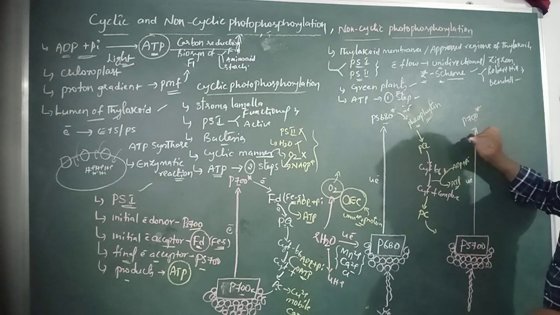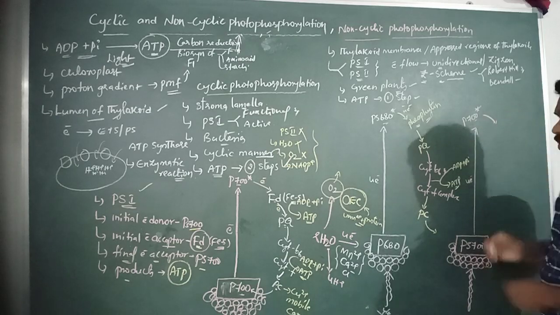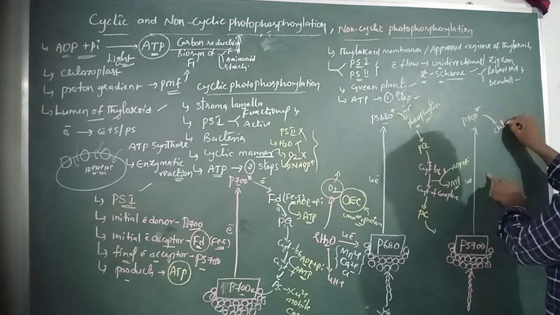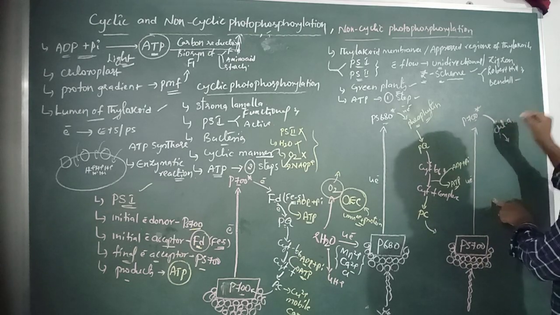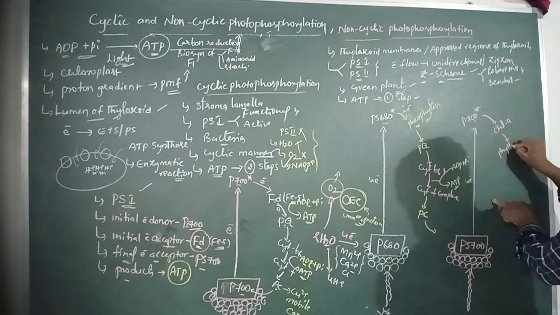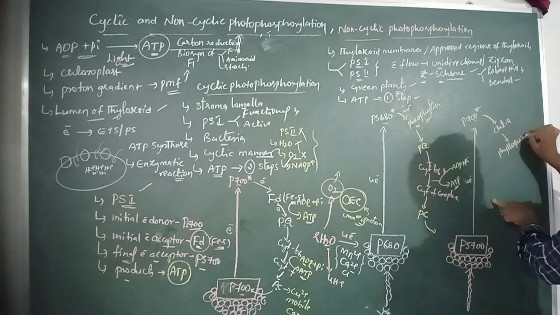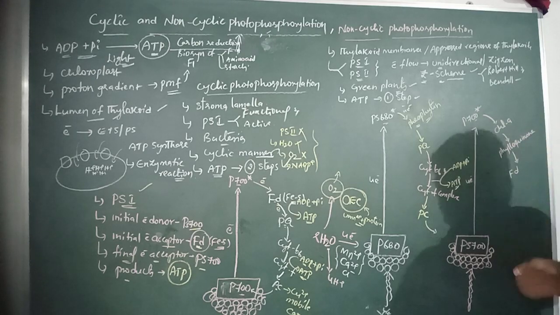The excited state of P700 donates its electrons to chlorophyll A, and then it transfers the electrons to another electron carrier, that is phylloquinone, and then to the ferredoxin.